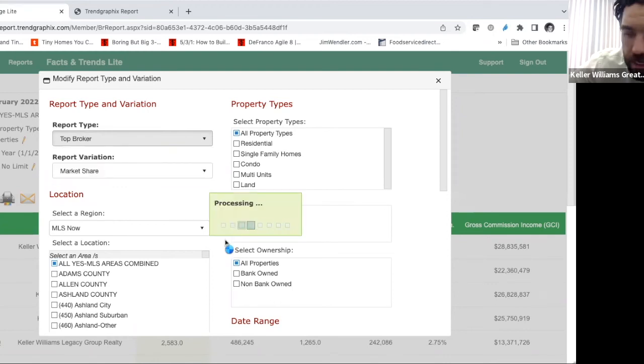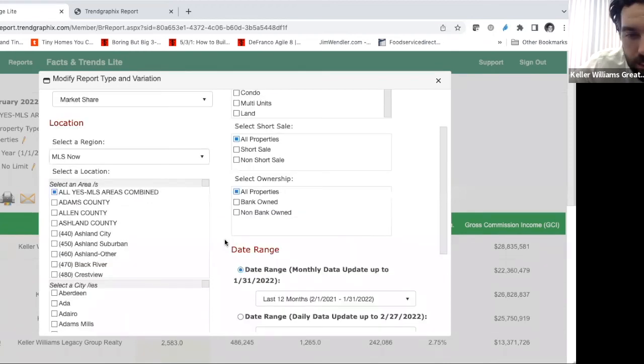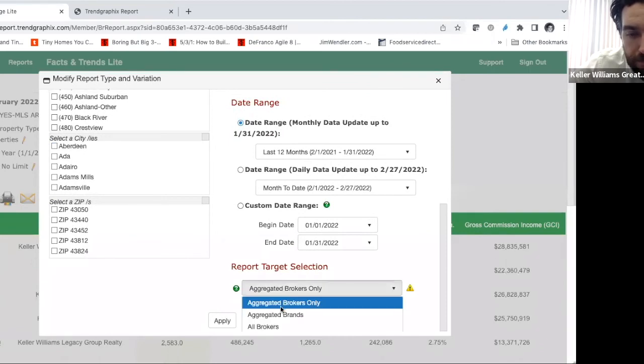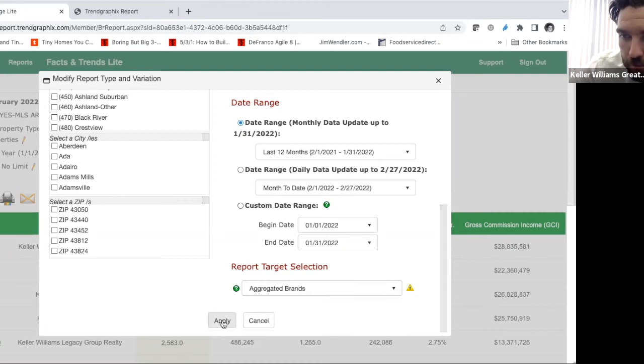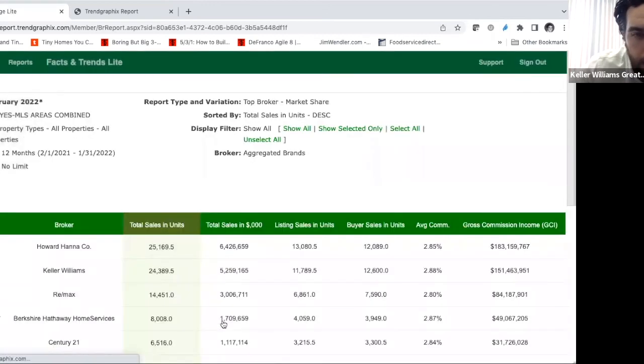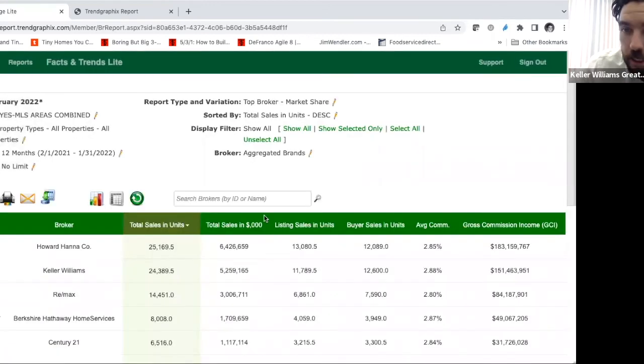From a broker standpoint, you would go down here and say Aggregated Brands, which allows all of the Keller Williams offices to be rolled up into one, and apply that change. You can see we were only about 800 units off from dethroning Howard Hanna as the #1 brand in Northeast Ohio. Now, keep in mind, we've got 7 Keller Williams offices throughout Northeast Ohio, and they have 62. So I like our efficiencies.